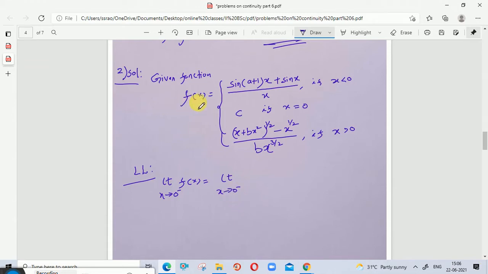When x is less than 0, f of x is equal to sin of (a plus 1)x plus sin x, by x. So we write f of x like this.